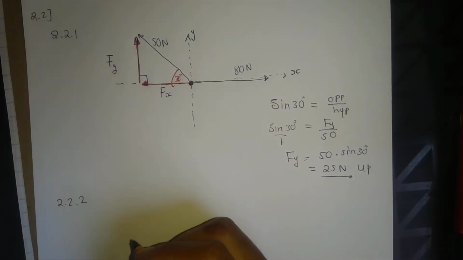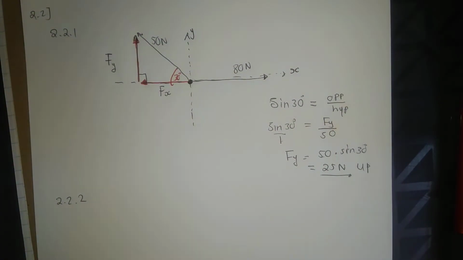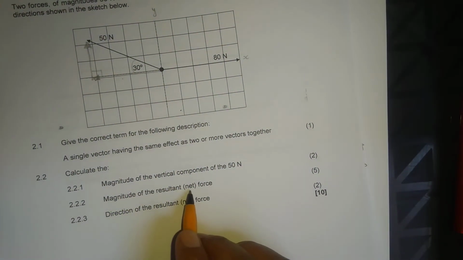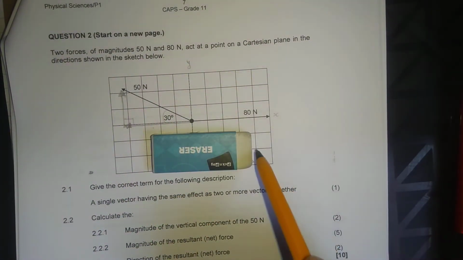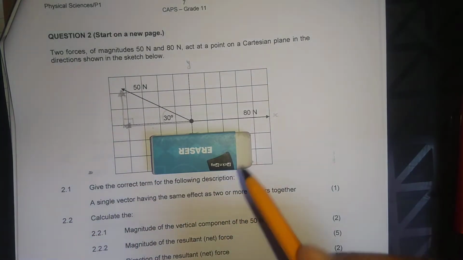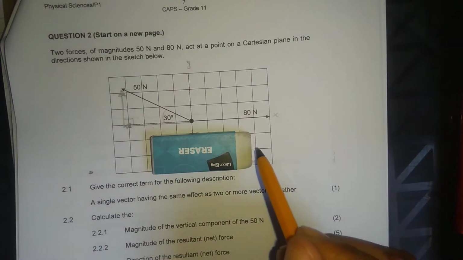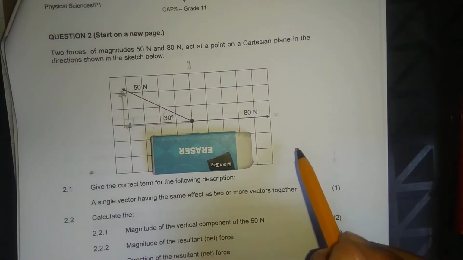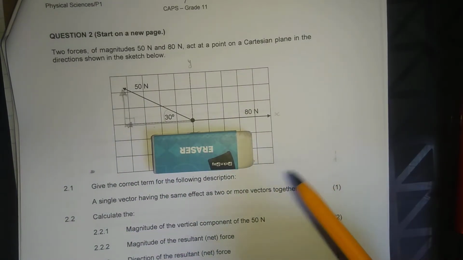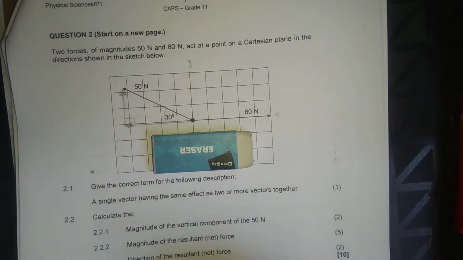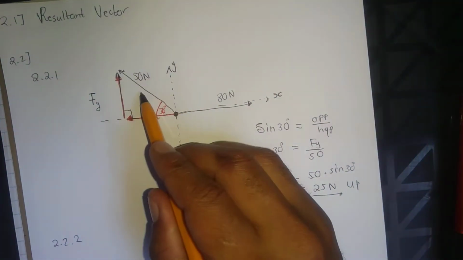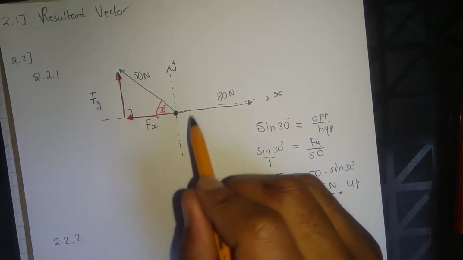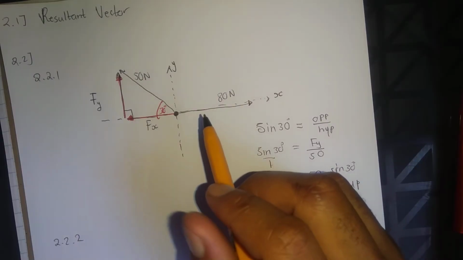Before I calculate the magnitude of the resultant or net force, let me give an example of a box where you push against your child, right? With the force we apply and the force the child applies, we subtract, and the greater one obviously wins. So here I have two forces, so I must add them up and then get the resultant.